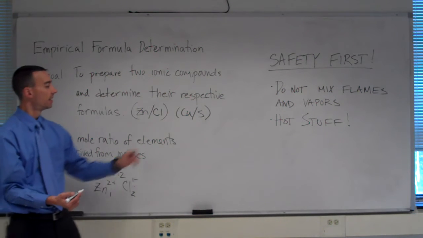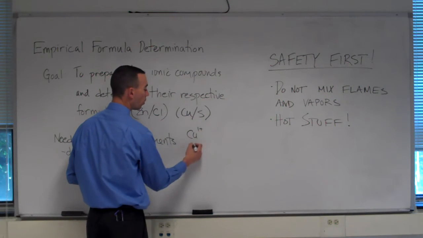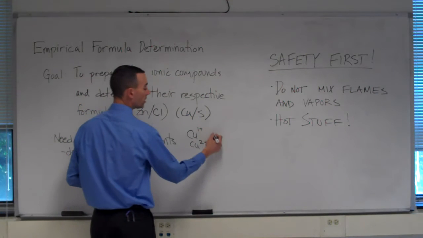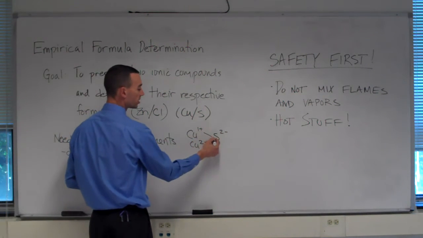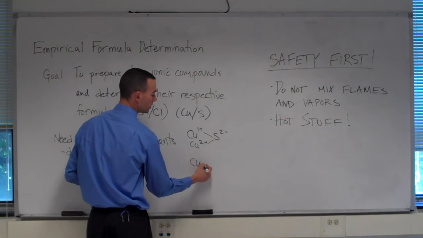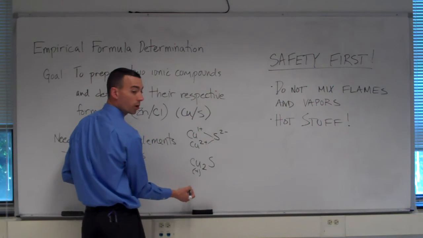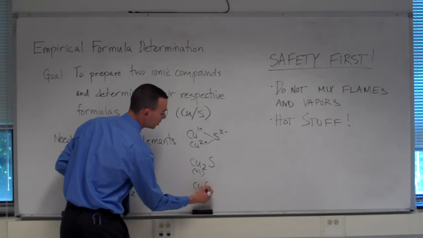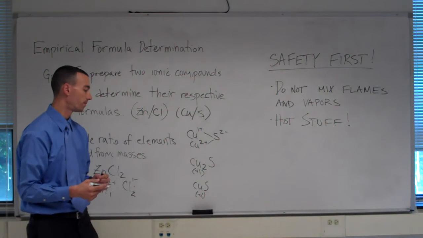On the other hand, copper as a metal can adopt a +1 or a +2 charge. Sulfur should always adopt a -2 charge. This would lead to two different formulas, either Cu2S in the case of copper being a +1, or CuS in the case of copper being a +2.